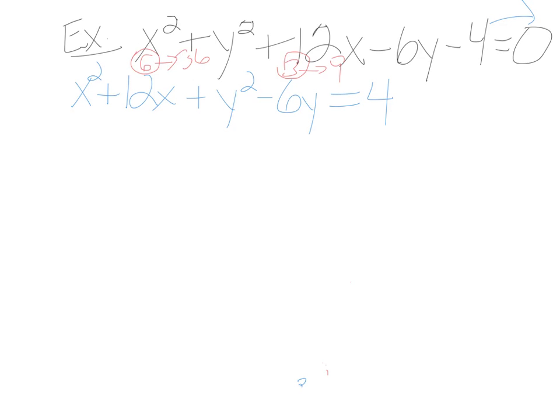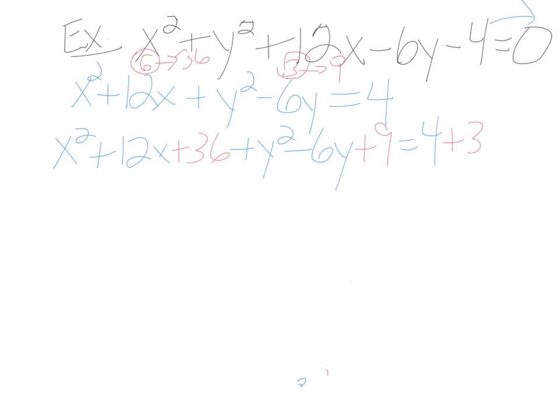So now we're going to have x squared plus 12x plus 36 plus y squared minus 6y plus 9 equals 4. And because I added 36 and 9 on the left side, I have to add 36 and 9 on the right side.